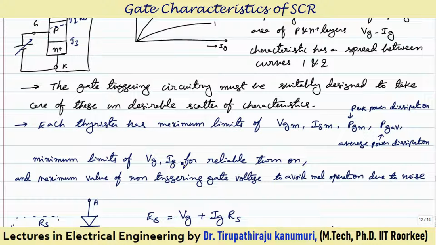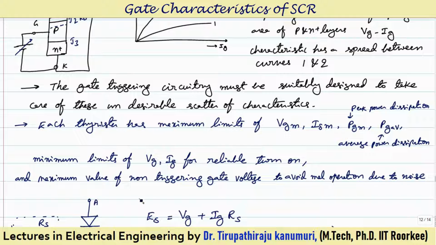They also mention the maximum value of a non-triggering gate voltage to avoid maloperation due to noise. Sometimes, because of spurious noise or leakage current or noise signals, a pulse will be applied across this PN junction diode when it is actually not required. Because of this, the pulse should not operate, or your thyristor should not turn on unnecessarily.